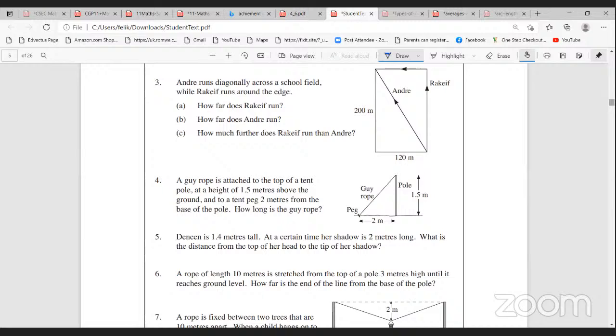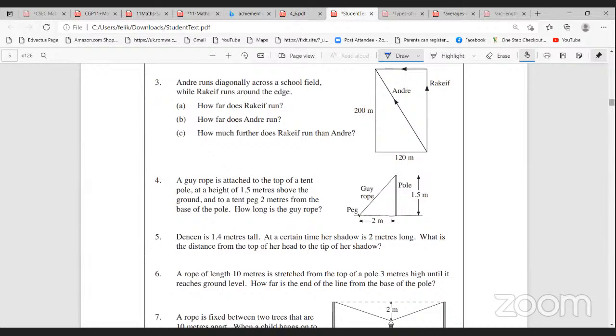Okay. All right. Can you make a connection between Pythagoras theorem and the question here? Yes, miss. All right, so they gave you everything and they described it nicely in the diagram.